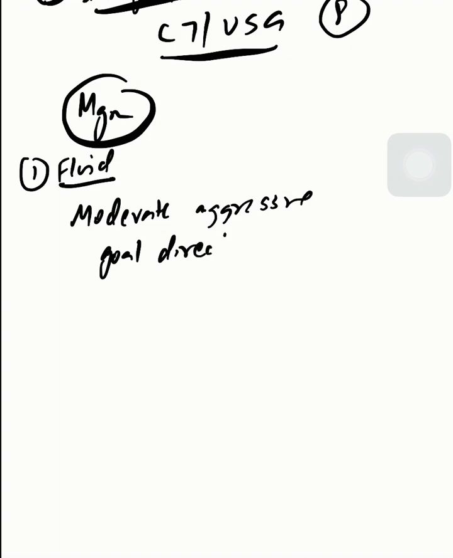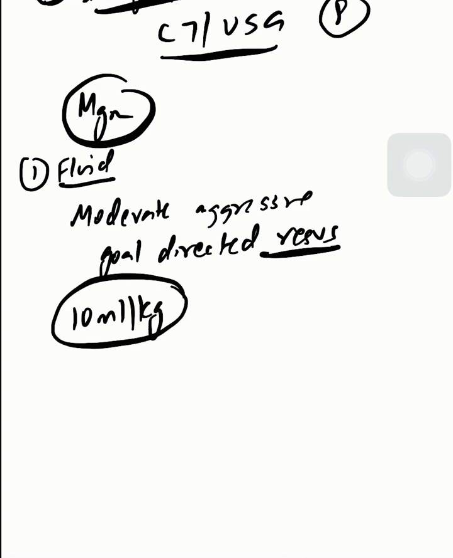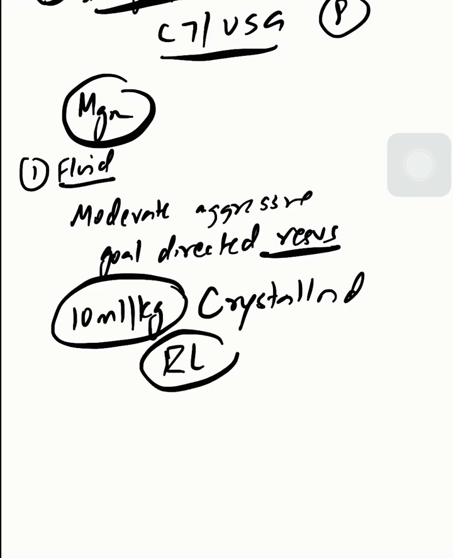Goal directed resuscitation means we can give a bolus of about 10 ml per kg of isotonic crystalloid. Ringer's lactate is preferred because it decreases CRP, and it also decreases the sepsis due to pancreatitis.